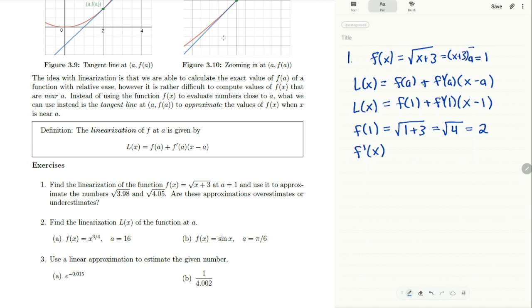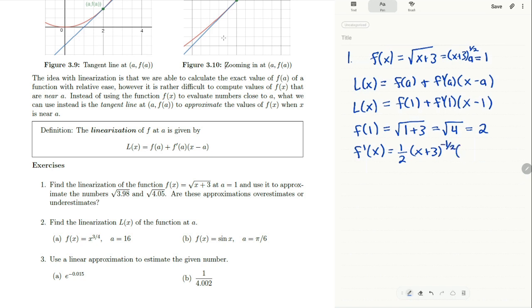So let's first rewrite the function as x plus 3 to the power of 1/2. We can then use the chain rule to calculate the derivative. So we have 1/2 times x plus 3 to the power of negative 1/2.